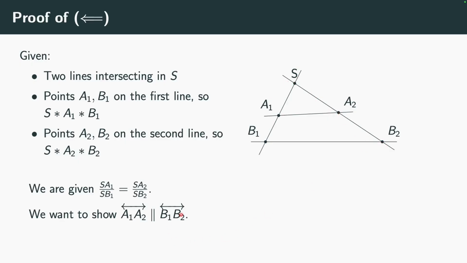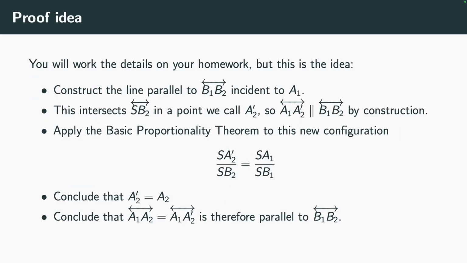Our goal here is to show that the lines are parallel. And as you may have noticed in my little picture here, I've made the lines almost but not quite parallel so that we can see what the idea is that we want to do in our proof.